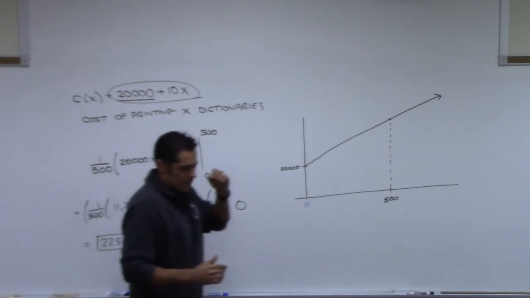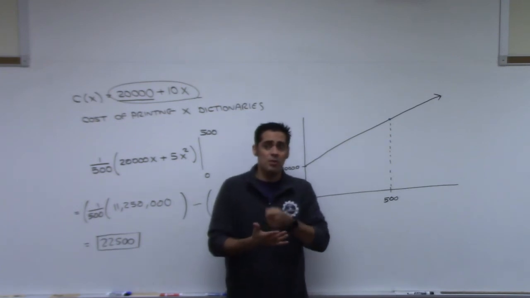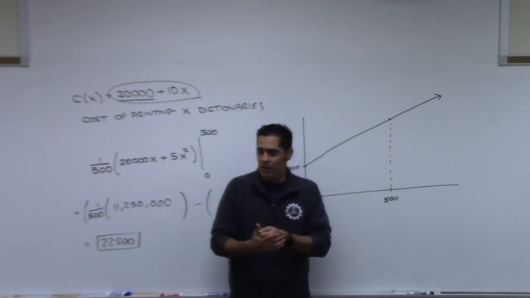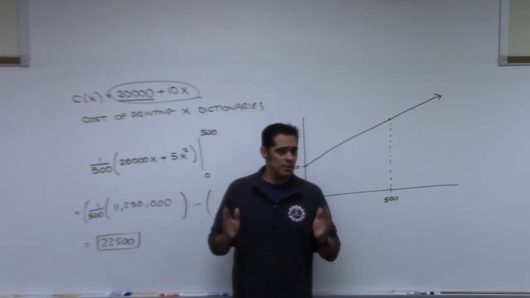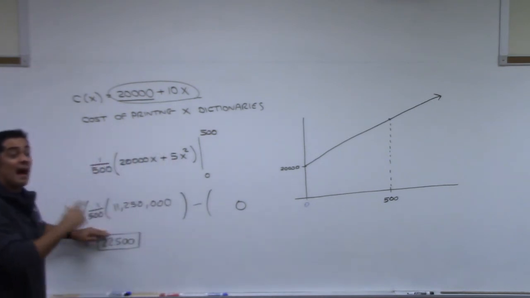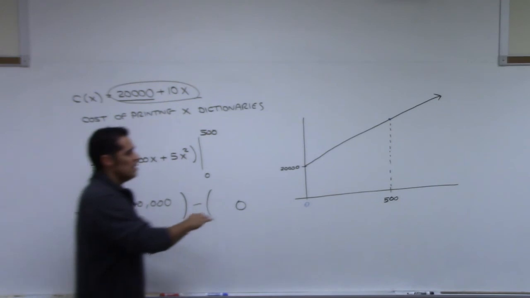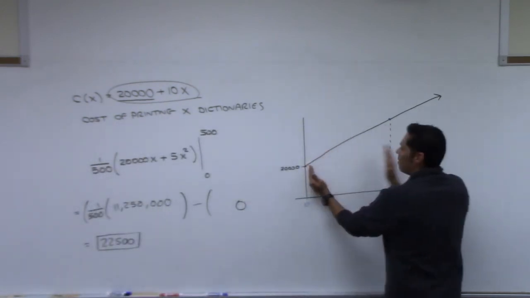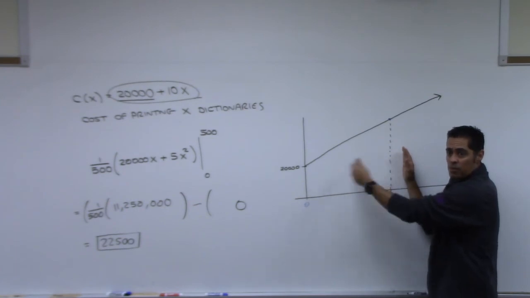Part A, we are finding the average cost of producing a dictionary, which was $50, if we produced exactly 500 dictionaries. This is giving us the average value of our cost function, which is looking over an entire interval instead of one particular point.